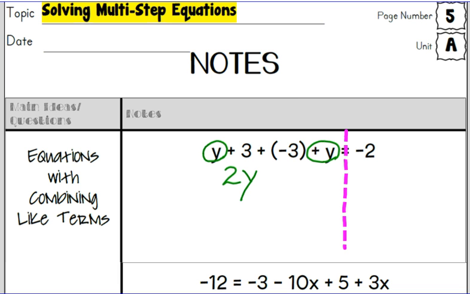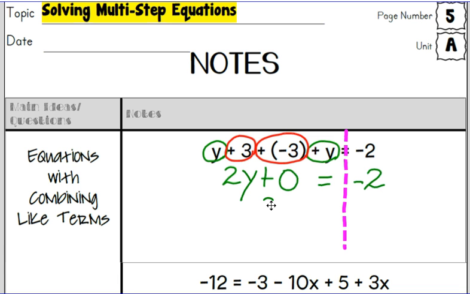And then we also have our positive 3 and plus a negative 3 that are like terms that we can combine. And so if we have a positive 3 plus a negative 3, that's the same as having plus 0 or nothing at all. We could just have 2y and our equal sign, and nothing is going to change over here, so that's going to equal negative 2.